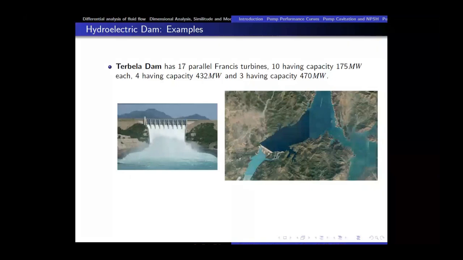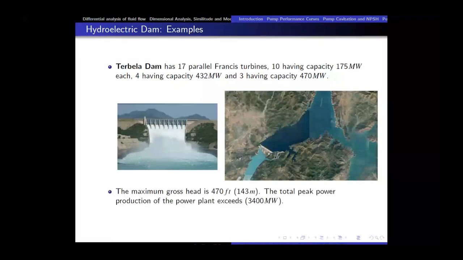Four are a little bit larger, at 432 megawatt, and three are even larger, at 470 megawatt. The maximum gross height is 470 feet, which is the difference in elevation between the inlet and the outlet, and the total peak power production is 3400 megawatt.